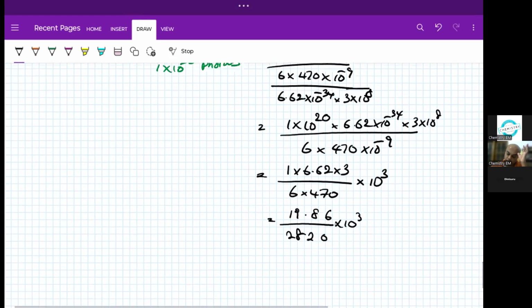So you can take this one as 19.86 divided by 2.820. This is something like 20 divided by 3, roughly. 20 divided by 3 is somewhere around 6.667, no? So the closest value is 7.1. So the answer should be 7.1 seconds.